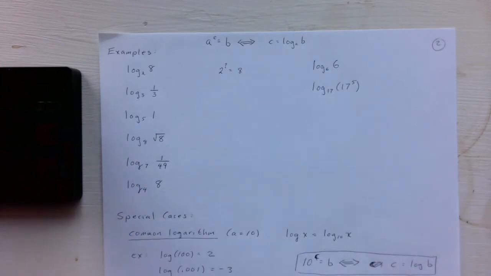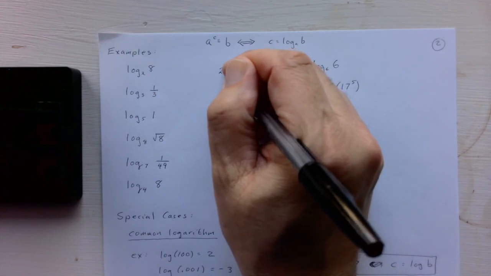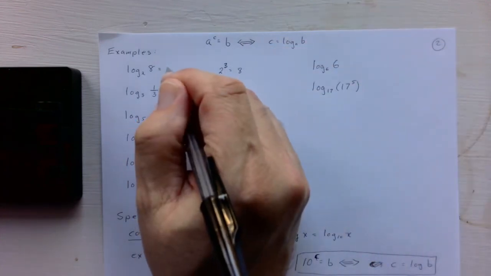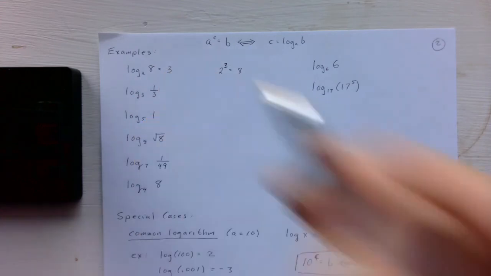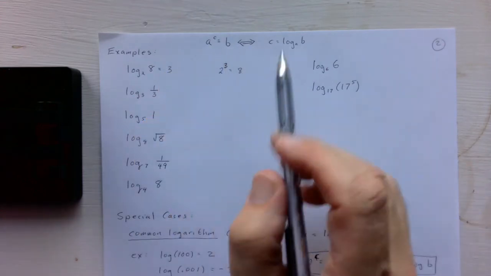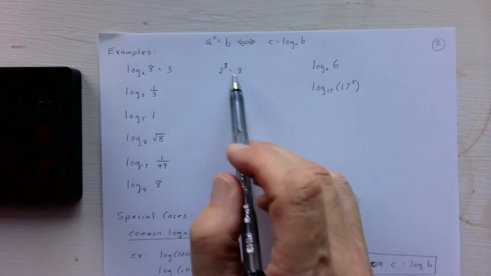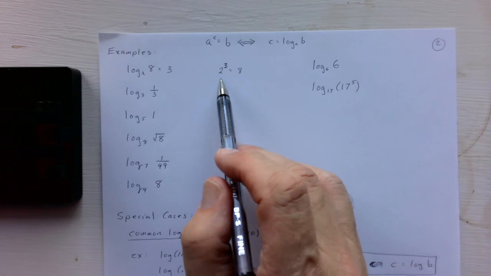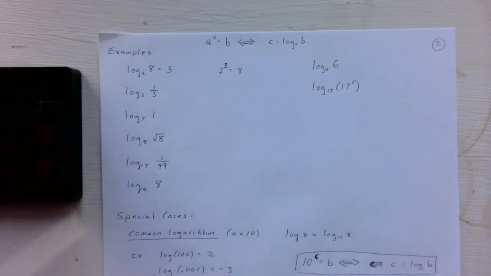Well, obviously this is 3, right? So since 2 to the third equals 8, the log base 2 of 8 is 3. We're using this model up here: 2 to the 3 is equal to 8, therefore 3 is the log base 2 of 8.